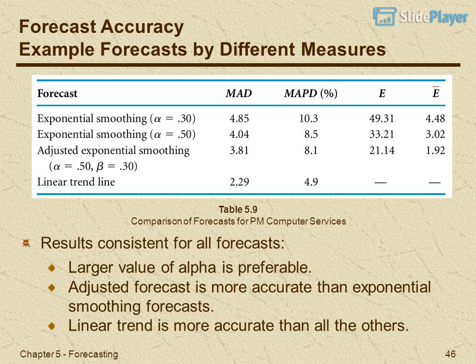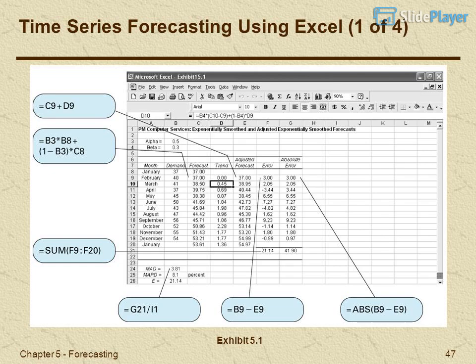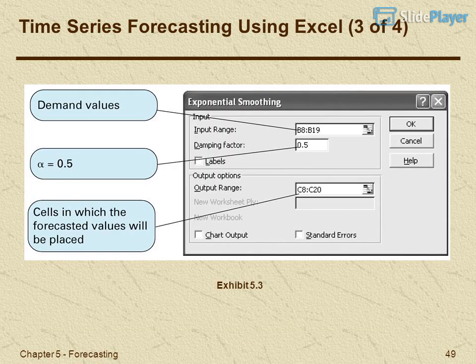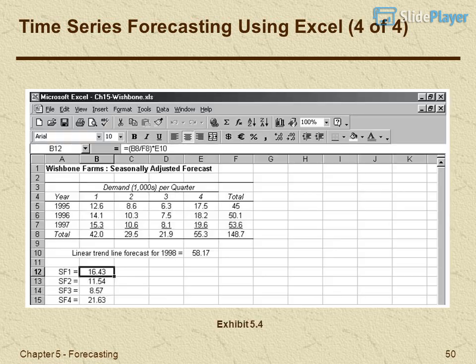Chapter 5, Forecasting. Time series forecasting using Excel, 1 of 4. Exhibit 5.1. Time series forecasting using Excel, 2 of 4. Exhibit 5.2. Time series forecasting using Excel, 3 of 4. Exhibit 5.3. Time series forecasting using Excel, 4 of 4.